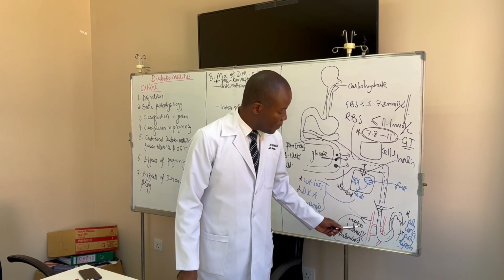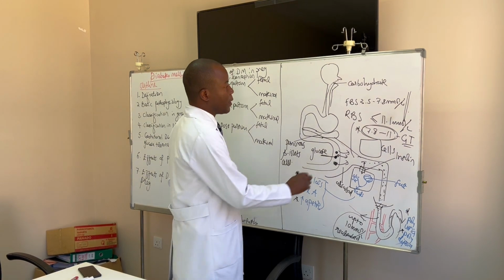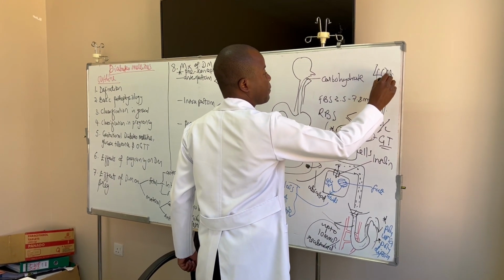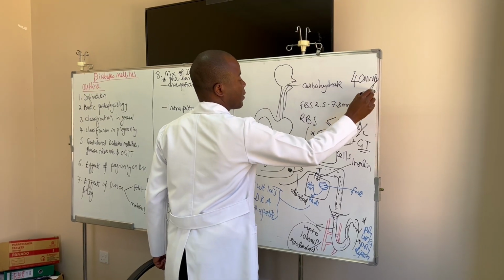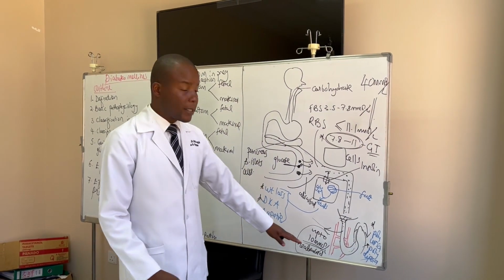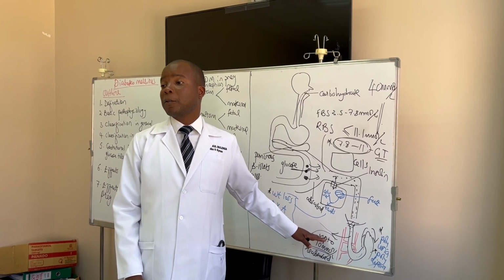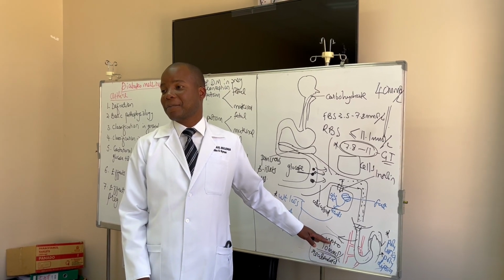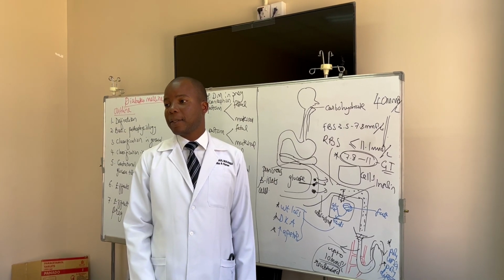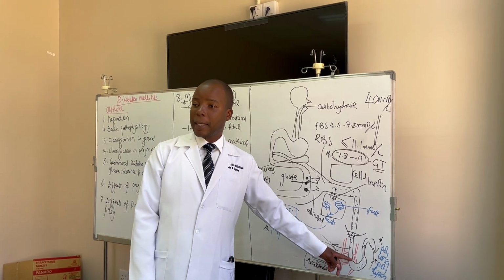So now, if your sugar is up to 40 millimoles per liter in blood, do you know what will happen? The body would have taken 10 millimoles, because that's its maximum, and it's called the renal reabsorption threshold for glucose. What will happen to the 40 minus 10? 30 millimoles will remain in the filtrate.